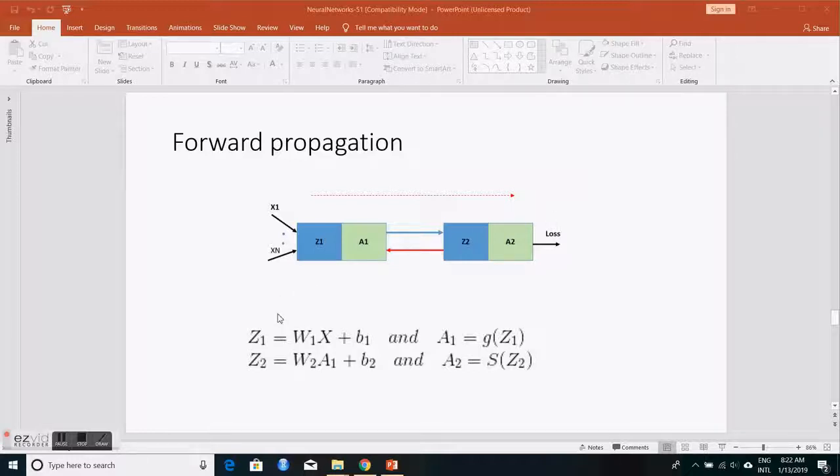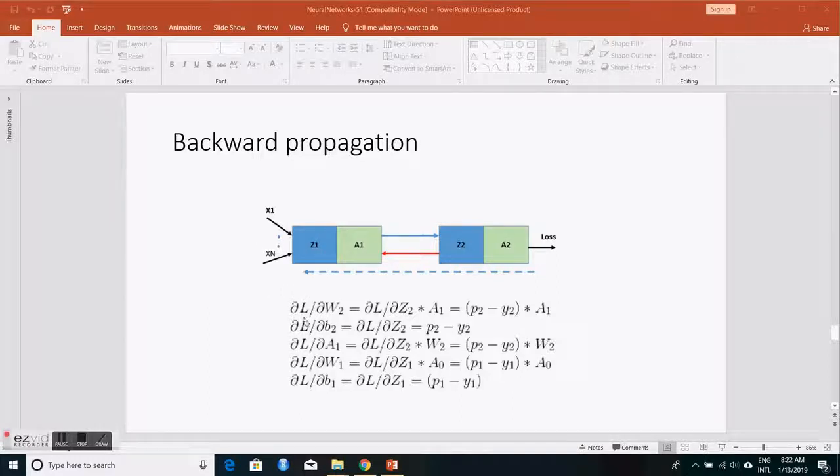So the equations for forward propagation will be Z1 is equal to W1 x plus B1, where x is the input vector plus the bias at the layer, and the activation A1 is equal to g of Z1, where g is any activation function, ReLU, sigmoid or tanh, and Z2 is equal to W2 A1, which is the previous layer, plus B2, and A2 is equal to softmax of Z2. We are using the softmax as the second layer.